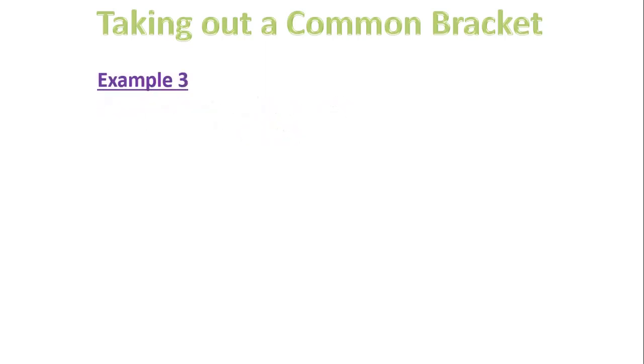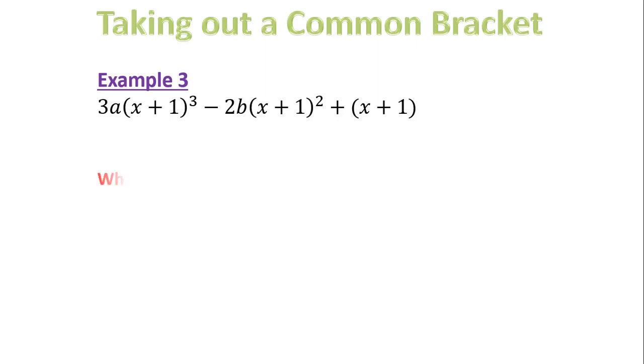Example 3. 3a(x + 1) cubed - 2b(x + 1) squared + (x + 1). So this is slightly longer, and so we're going to show our working at the bottom, not on the right hand side. So let's have a look. What is my common bracket?